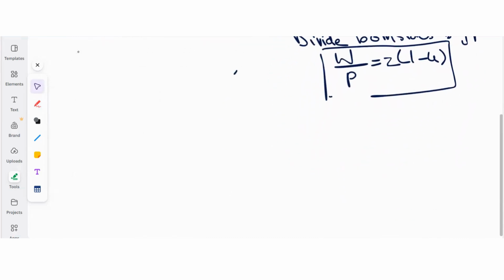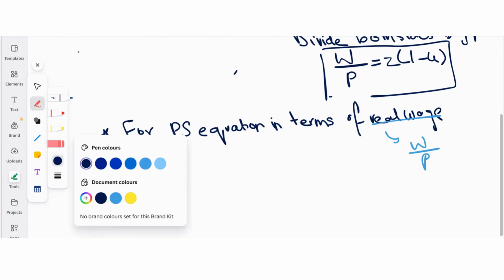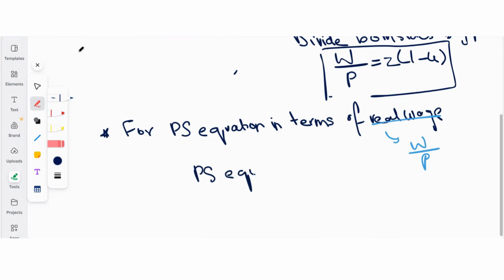So now let's write our price setting equation in terms of the real wage. For the PS equation in terms of the real wage, like we said, the real wage is defined as the nominal wage W divided by the price level P. So let's go back to the question and see what our PS equation is.